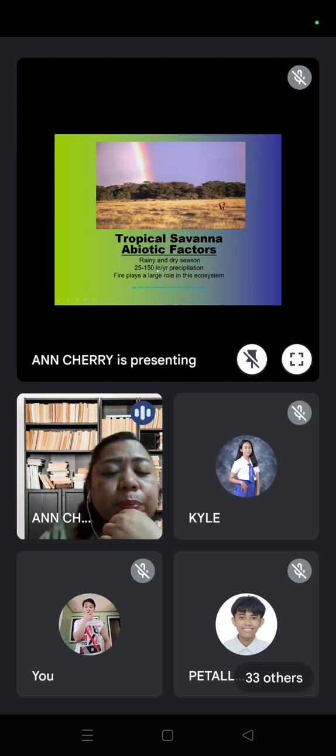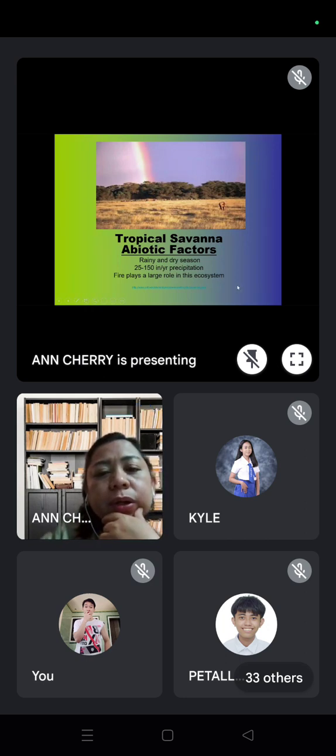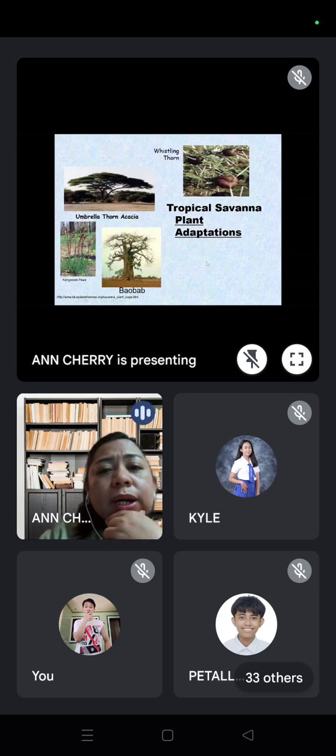So the tropical savanna is dry, no? And the precipitation is 25 to 150 inches per year. And fire plays a large role in this ecosystem. Okay. So, what are the plant adaptations in a tropical savanna?